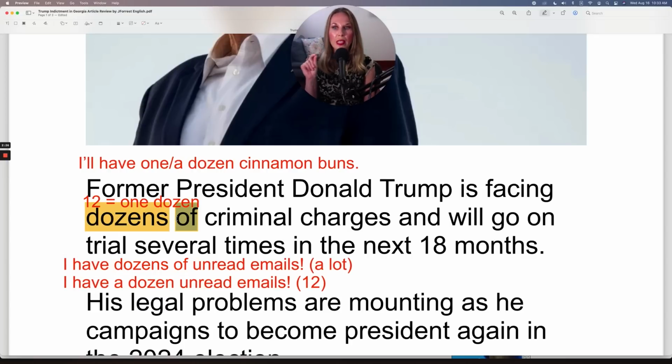So notice you need that of because it represents a lot of. He's facing dozens of criminal charges and will go on trial. When you go on trial, it simply means that the trial starts. So he will go on trial several times in the next 18 months.